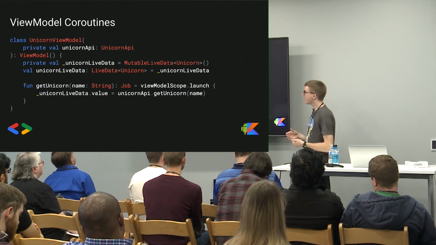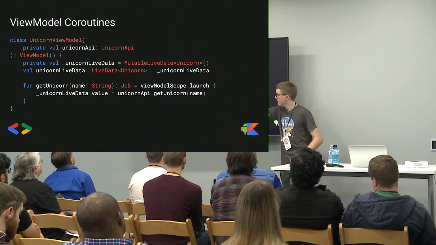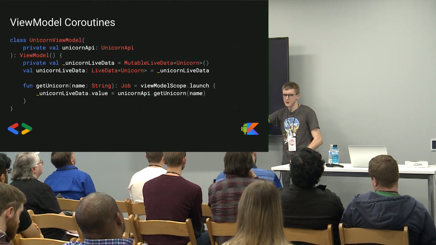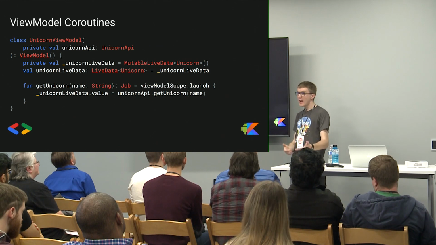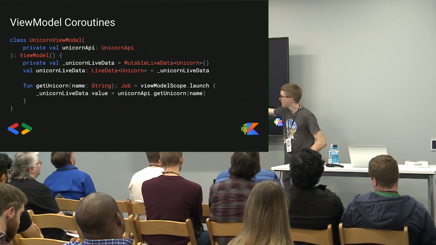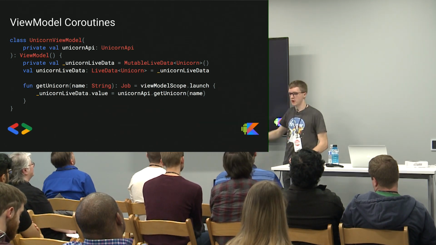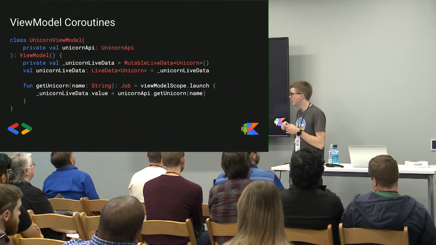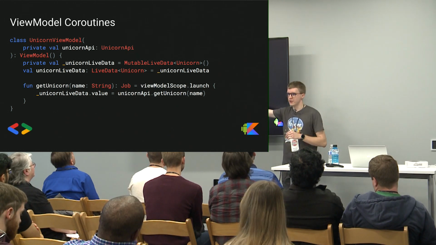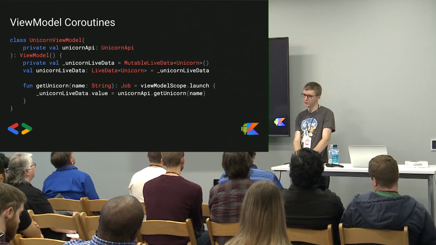Well, what we found is that a lot of people were not exposing this job, and so what would happen in a test is, for example, if I did a withContext call here, then I would have to join the job in a test, but people weren't doing that.